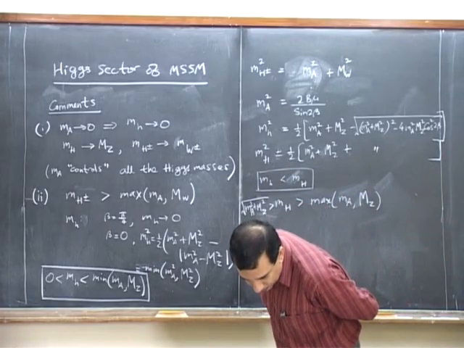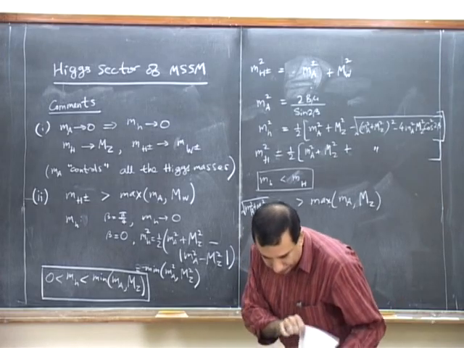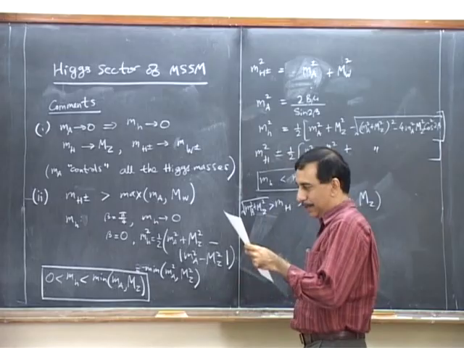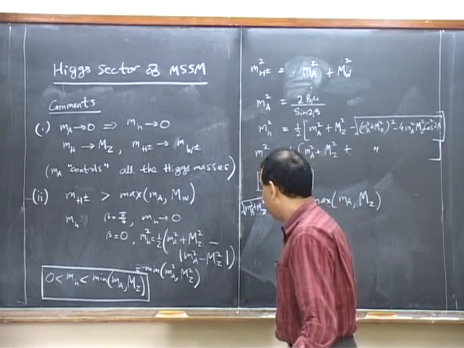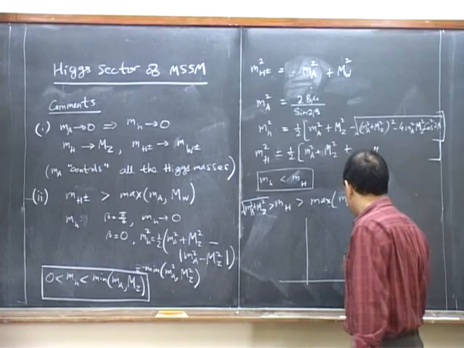Okay, another relation you get is for beta, for this angle alpha. That doesn't seem very illuminating, so I won't write it. But instead what I'll do is summarize these bounds by the following diagram.